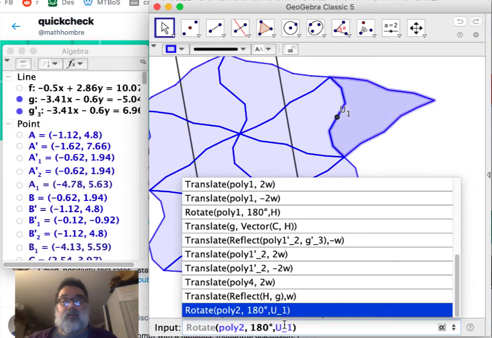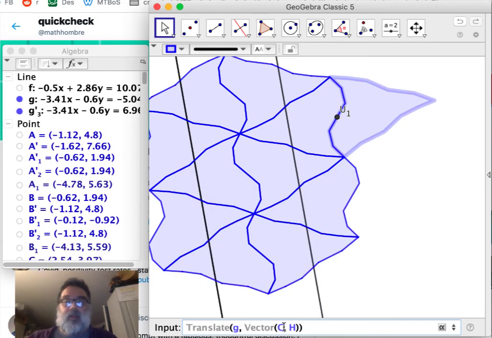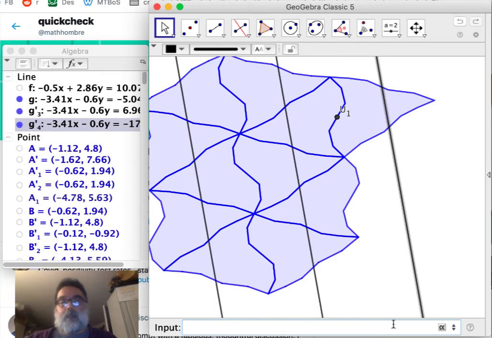So I do a lot of shortcutting by going back to the command I did before. I'm going to switch around the order of H and C so the vector goes in the other direction. All right, and this is poly 2 prime. So I want to reflect it across my new line here and then translate it down W.